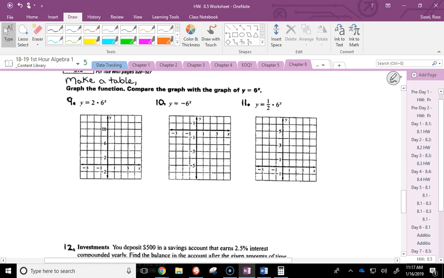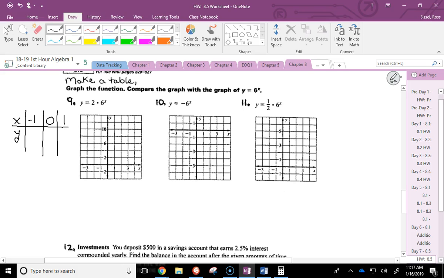Okay, on the last part I'm going to help you with, on number 9. So I'm going to make a table again, same thing, x, y. I'm going to say negative 1, 0, and 1. I always like doing the 0 first.